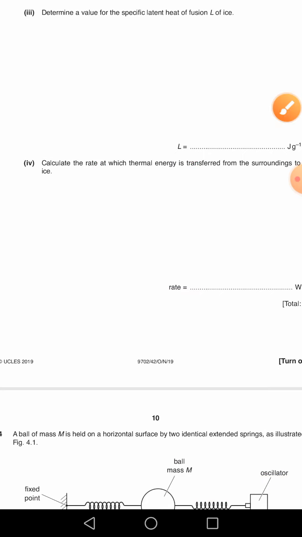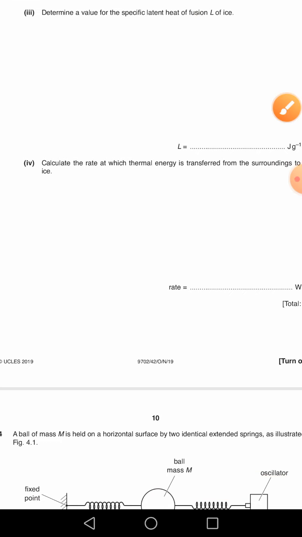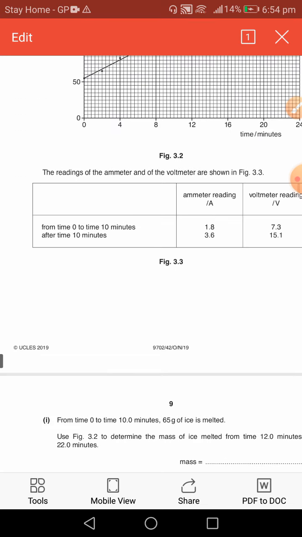Okay, fixed it. Now in the first case, let me go to the data here.